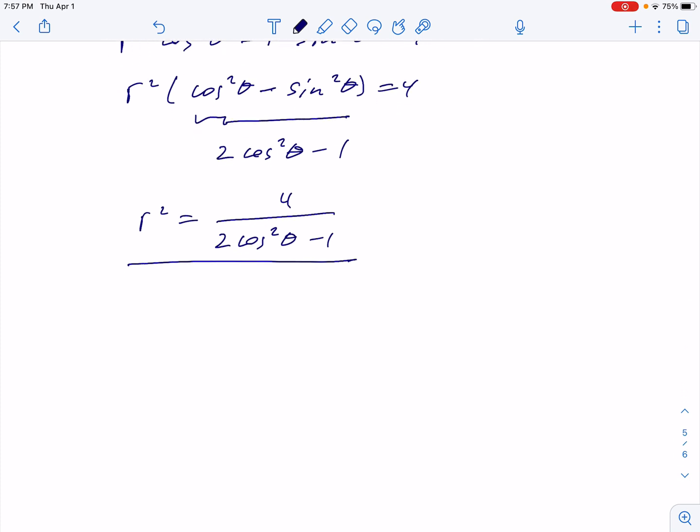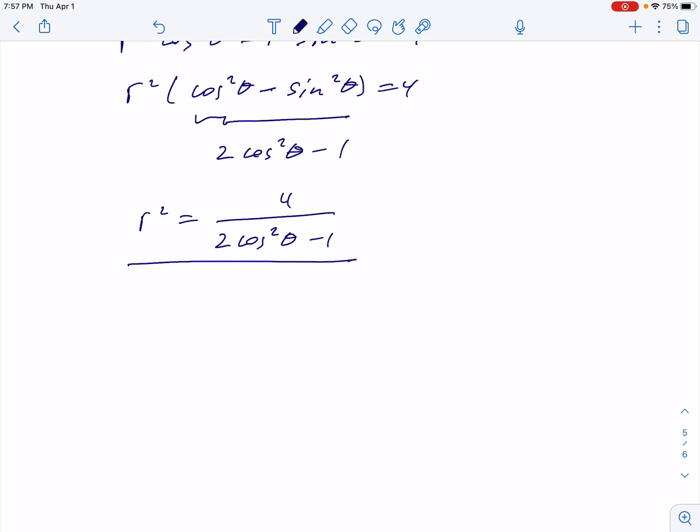Again, difficult to recognize. So now we learned how to convert from Cartesian to polar coordinates, converting curves also, and to plot curves. We know how to do this very easily with Cartesian coordinates. With polar coordinates, we can use the graphing calculator.